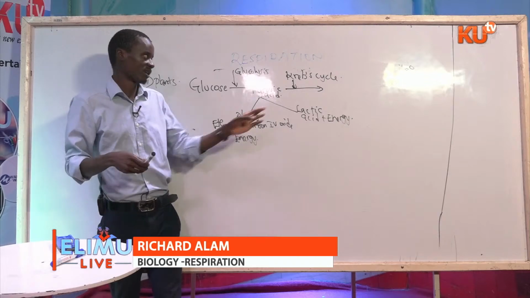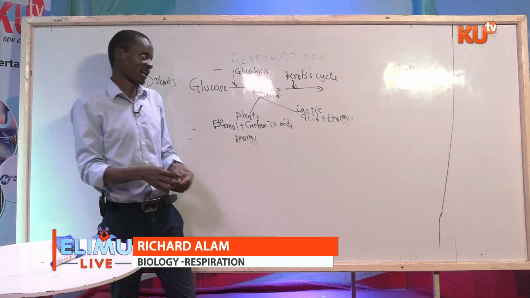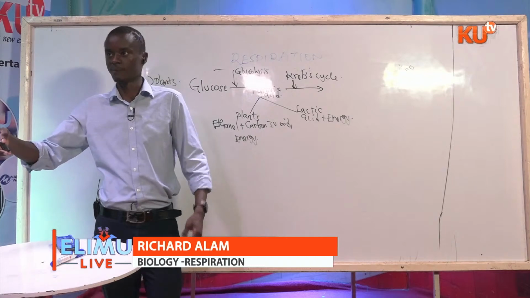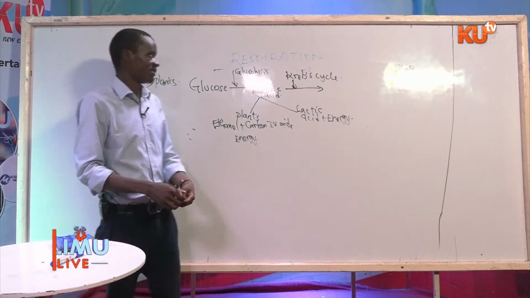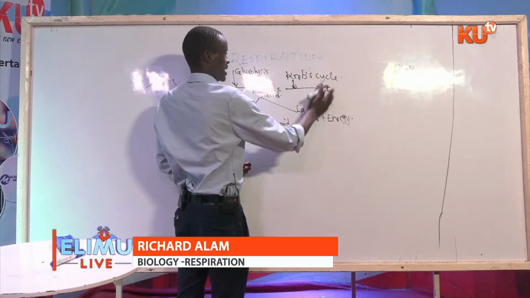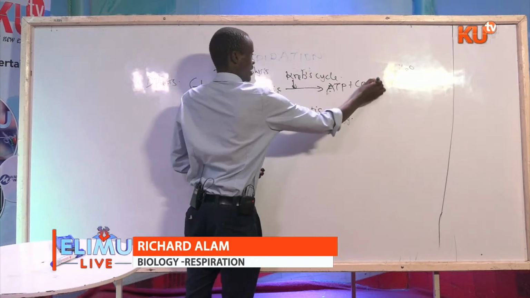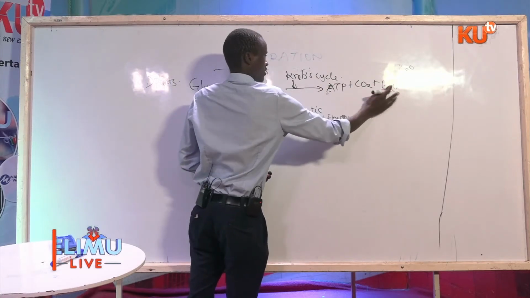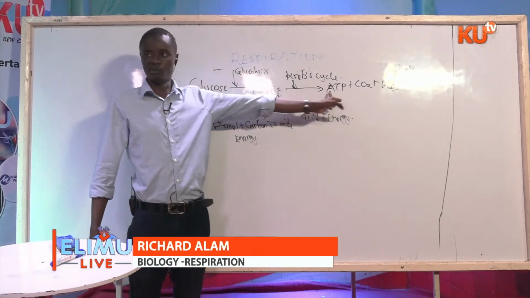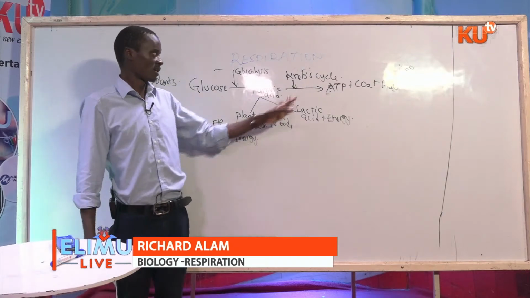Now, what happens to pyruvic acid in the Krebs cycle? Because oxygen is available in adequate amount, the pyruvic acid is broken down to carbon dioxide, water, and energy in form of ATP, that is adenosine triphosphate. So that is what happens.